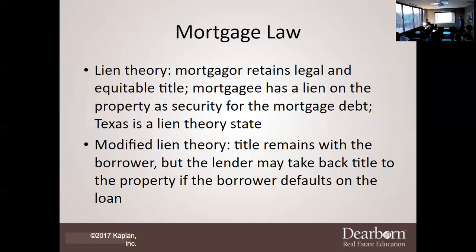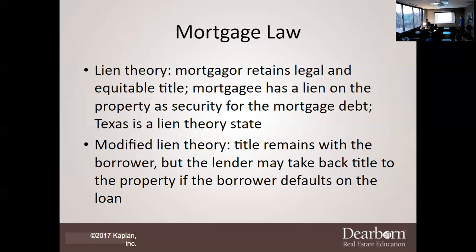Texas is a lien theory state, meaning the mortgagor is who, Miss Linda? The buyer or the lender? The lender. No, the buyer. The borrower is going to be the mortgagor. The lender is going to be the mortgagee. The reason you can tell is because it says has a lien on the property. The borrower would not have a lien on the property, if that makes sense.